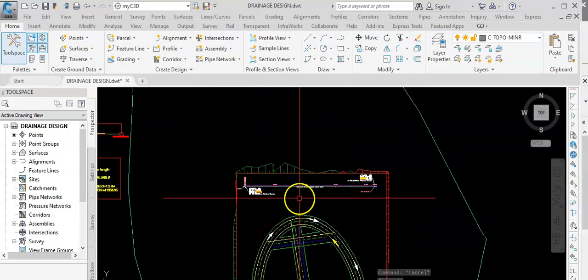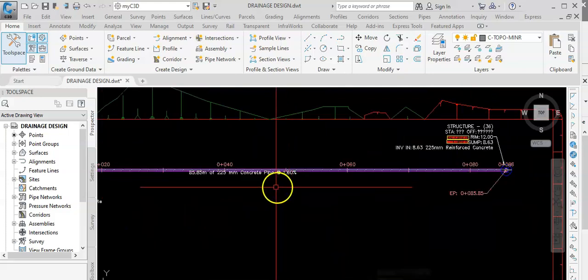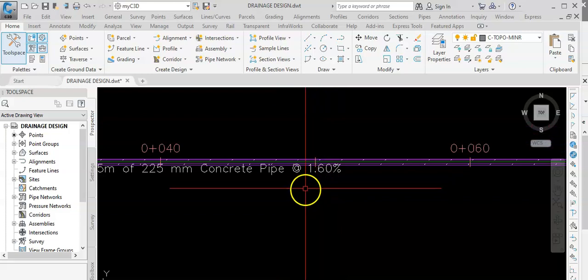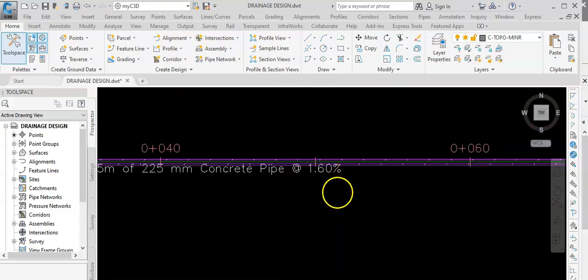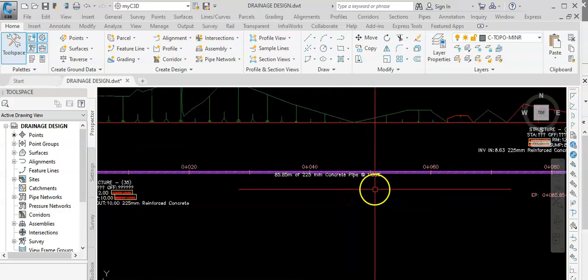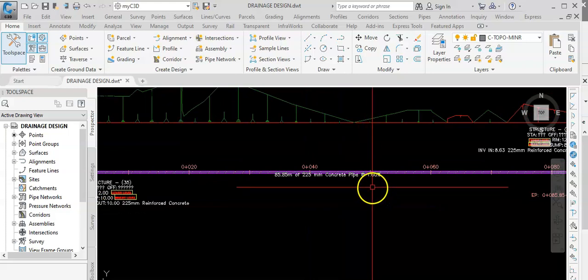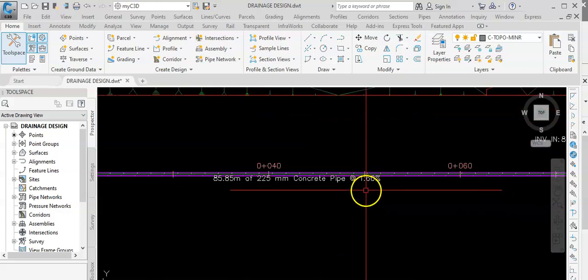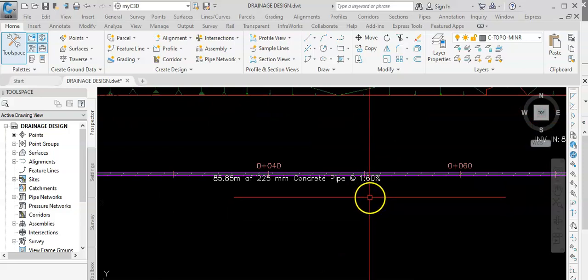Okay, now let's have a look at the details of what this 1.6 means. 1.6% means 1 meter 0.6 for every 100 meters, or 1.6 for 100 mil. Then in 1 meter, we know the meter is 1000 mil.